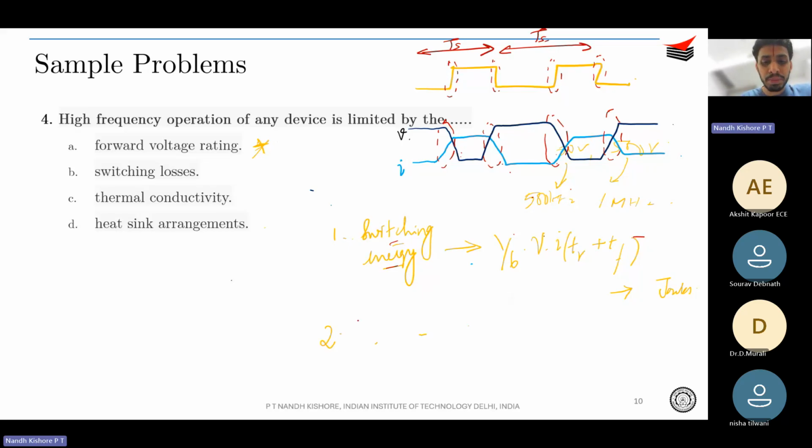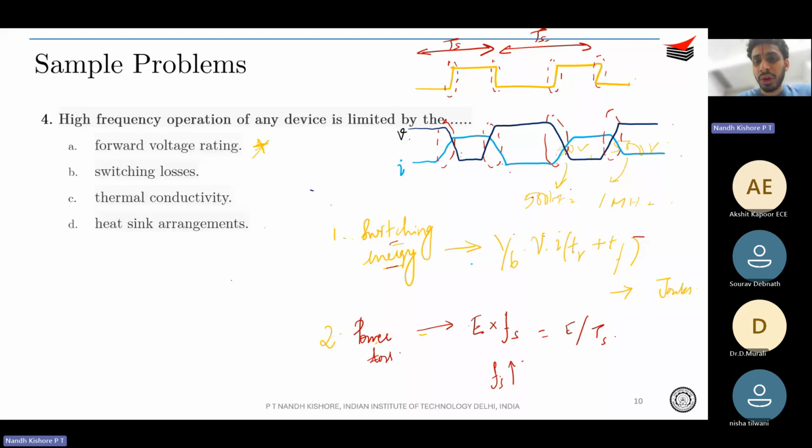Okay. So the switching power loss is given by your switching energy, I will call it E, into the frequency, right? Because energy by time is actually power, right? Or E by Ts I can call it. Okay. So you understand that as your Fs, or switching frequency, increases, more and more power loss will happen. Why?